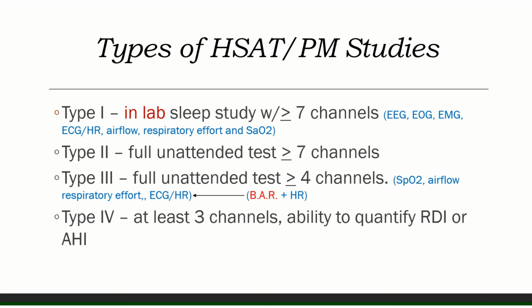So type 3 is kind of like what the AASM would at least recommend, because it has your minimum 3 channels plus your heart rate. So that's type 3. Type 4 is at least 3 channels, which is BAR. It has BAR and it has the ability to quantify the RDI or the AHI. RDI meaning respiratory disturbance index, AHI meaning apnea hypopnea index.